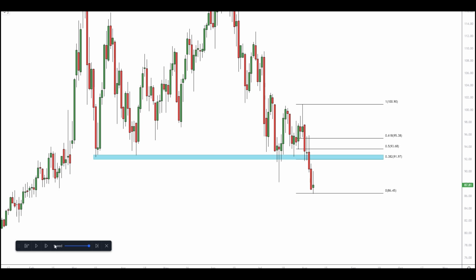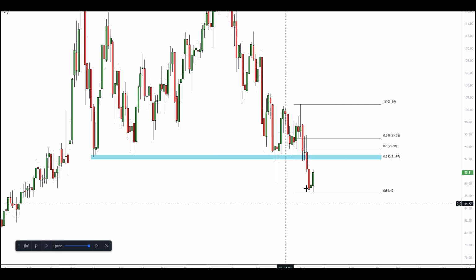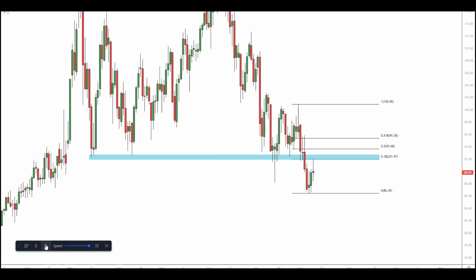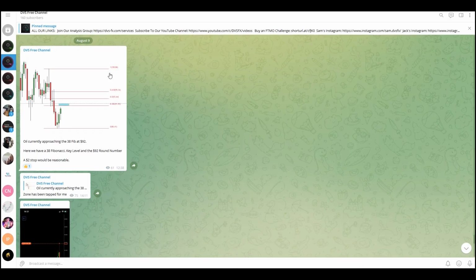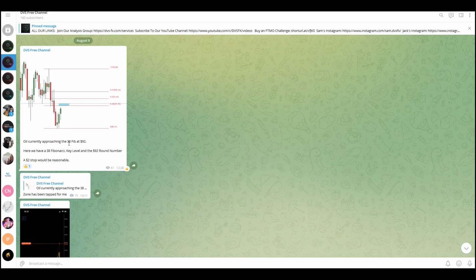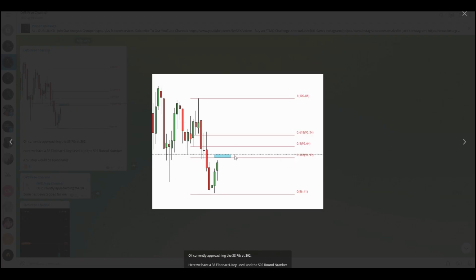So obviously, a couple of days go by, you can see that price continued to pull back, and then we had this reaction here. So if I quickly just go back and get up the chart here, I said oil is currently approaching the 38 fib at $92. Here we have the 38 fib, we have the key level, and we have the round number.